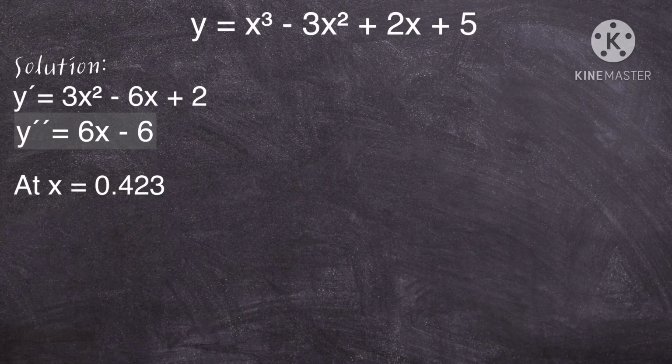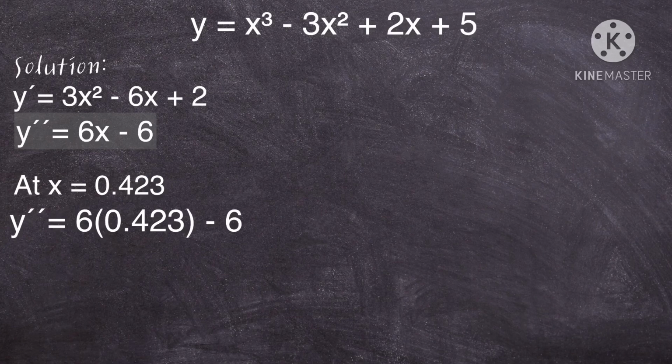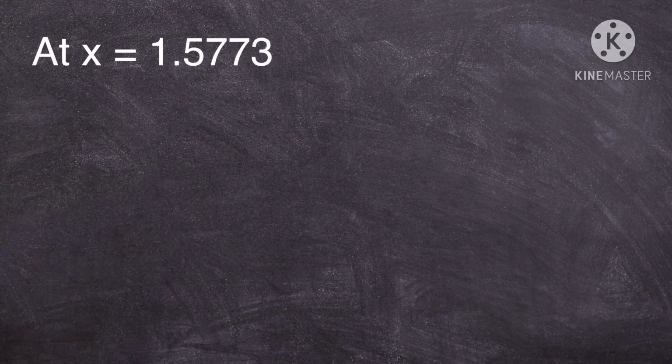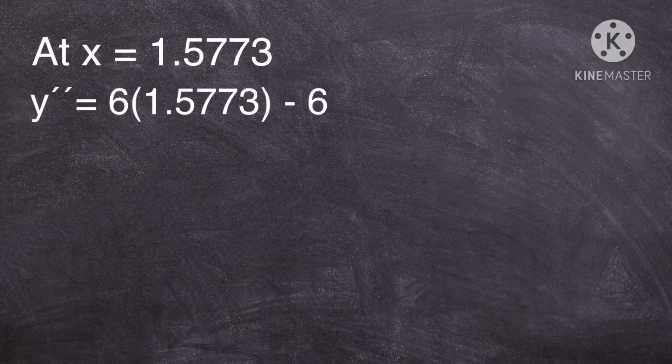Now, let x be 0.423 and substitute it into the second derivative, which is 6x minus 6. We will then arrive at an answer of negative 3.462, which means y is a maxima since it is negative. Next, let x be 1.5773 and substitute it again into the second derivative, 6x minus 6.